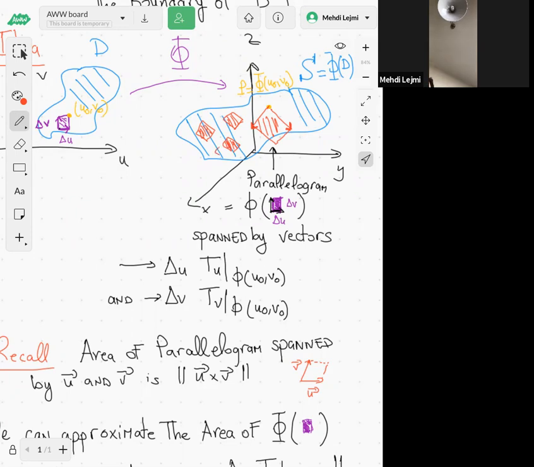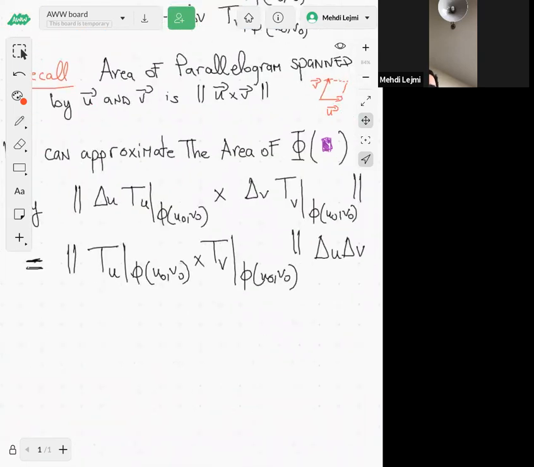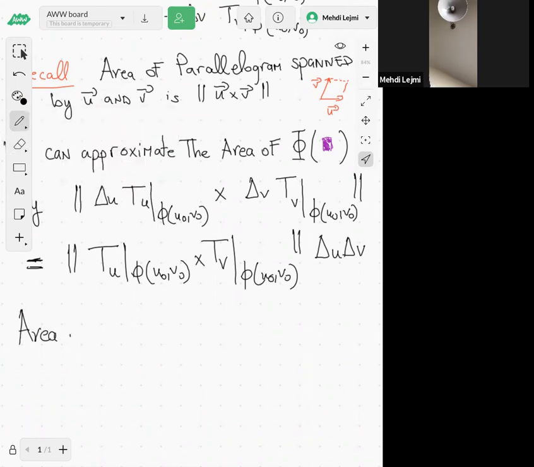So all you have to do, guys, is just to add all these small areas here. So what I'm saying, guys, is that the area of the surface S can be approximated.